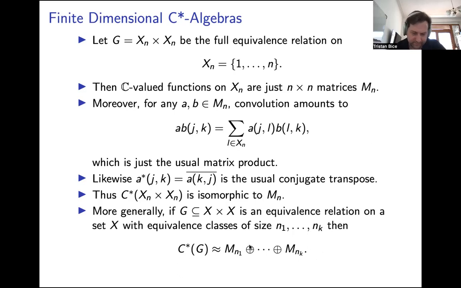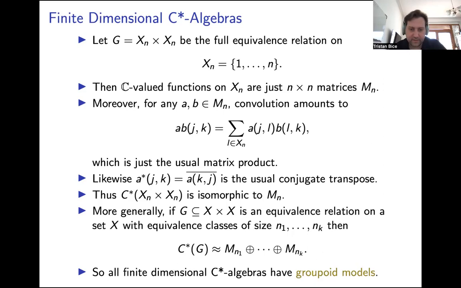But so what this tells you is that in fact groupoids, just these finite groupoids even, they give you all the finite dimensional C-star algebras. So it does fix this kind of fundamental problem with group C-star algebras that finite groups don't give you all the C-star algebras you would want to necessarily look at, but groupoids do, and they do in a very, very elementary way, right?